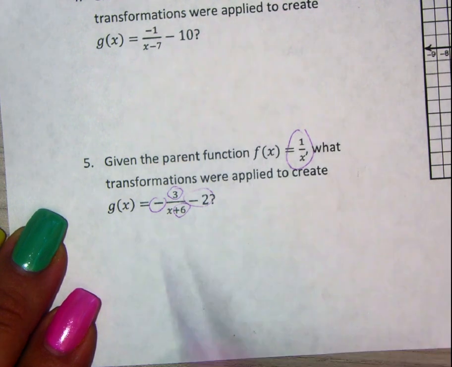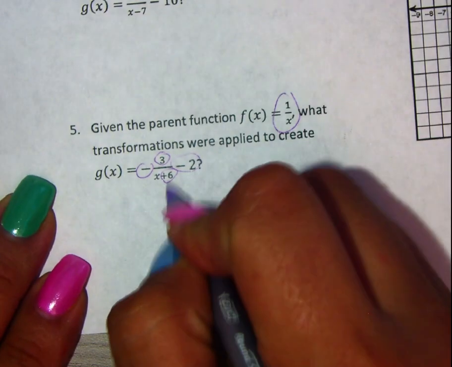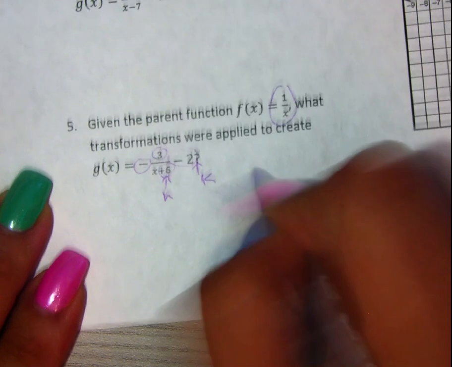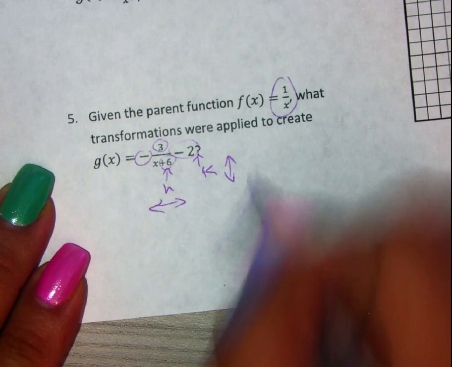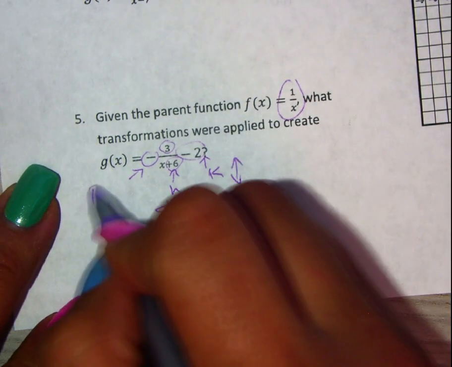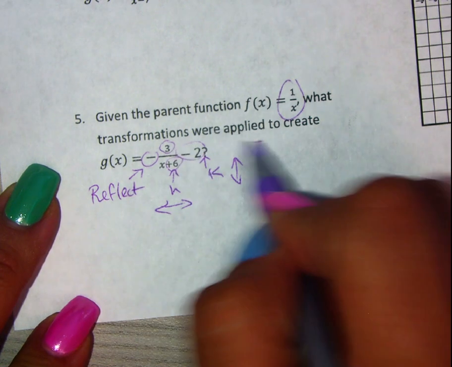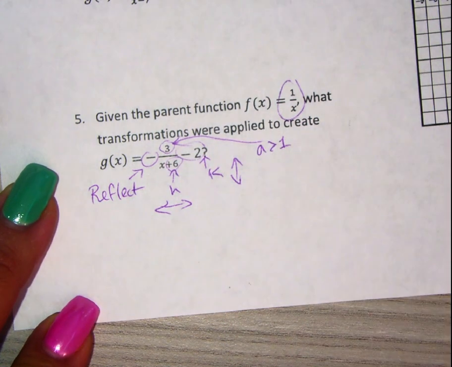So if we identify these and compare it to this format, we're going to notice that this is your h value, this is your k value. So h is going to shift it left and right, k is going to shift it up and down. That negative is going to reflect, and that 3 is an a value that is greater than 1.